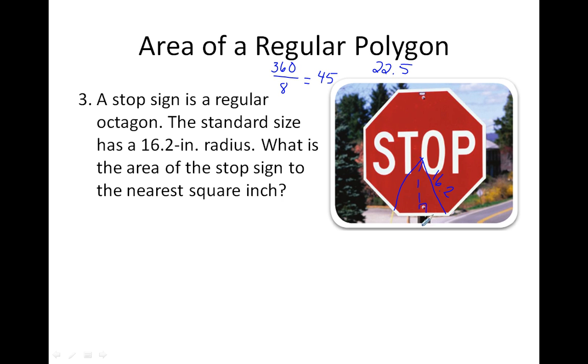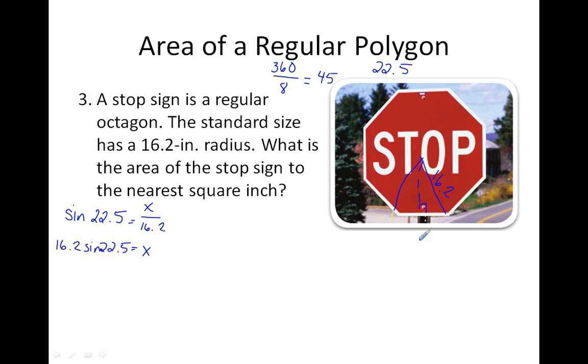Now I need my opposite side and my adjacent side, so I'm going to use both sine and cosine. If we start with sine, the sine of 22.5 is the opposite side, which I will call x, over the hypotenuse, which is 16.2. So x equals 16.2 times the sine of 22.5.